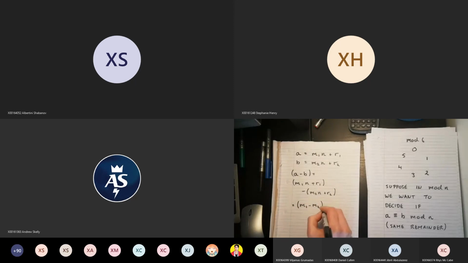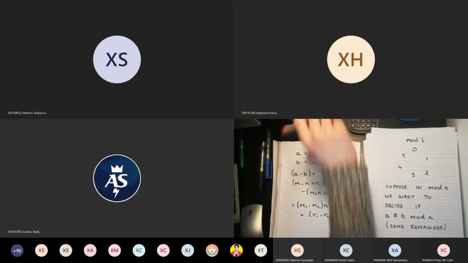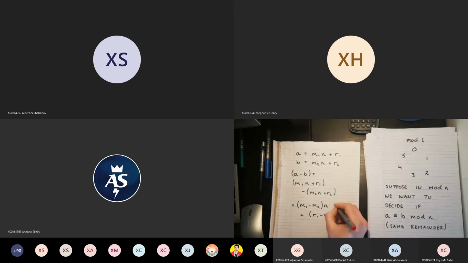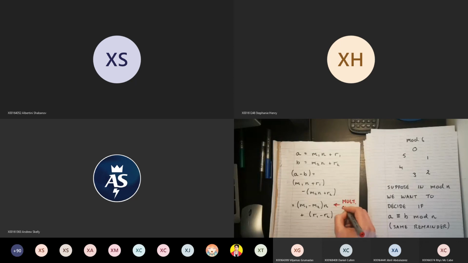This is going to be M1 minus M2 gets multiplied by n, and then I'm going to have plus r1 minus r2, okay? And of course, this bit is a multiple of n, which means that bit doesn't really matter. The only bit that matters is this bit.